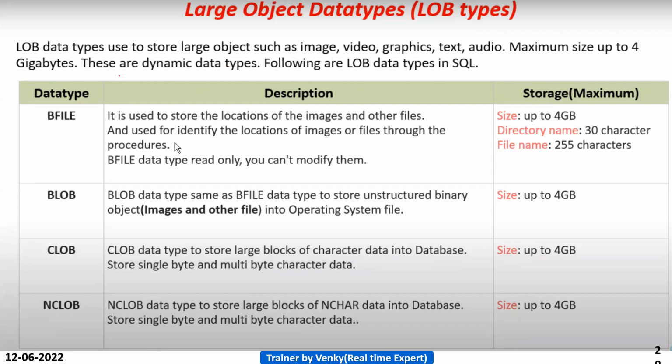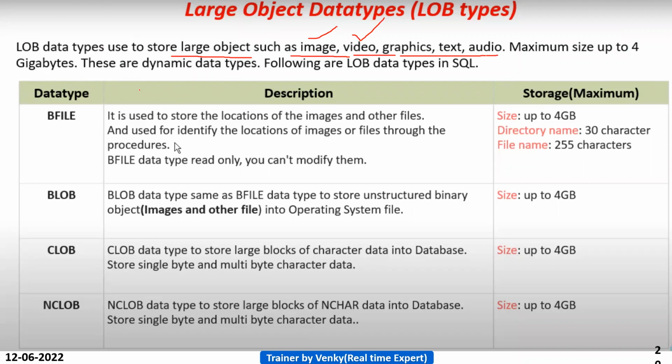So large object data types are used to store large objects such as image, video, graphic, text, audio. If you want to save images, okay, it's less. If you want to save videos, so definitely it's more than 4,000 bytes. 1024 KB is equal to 1 MB.